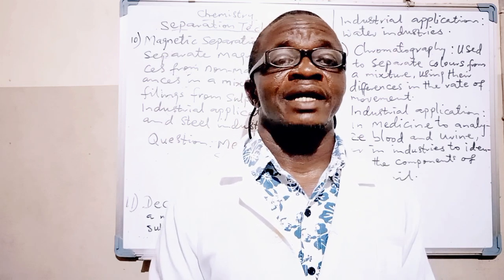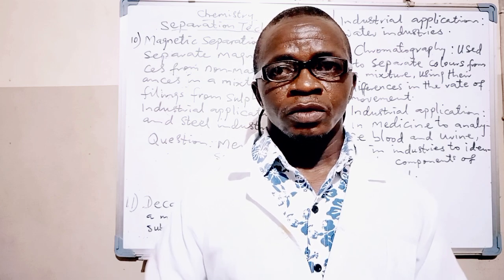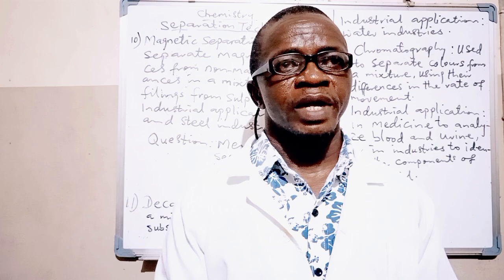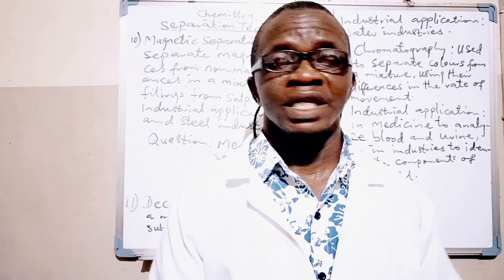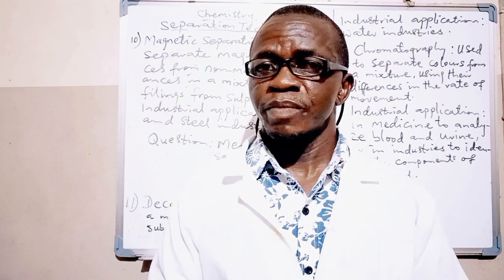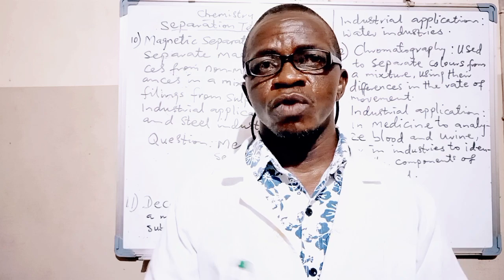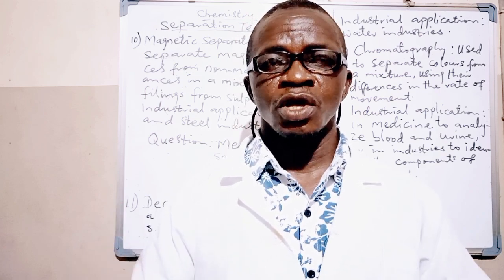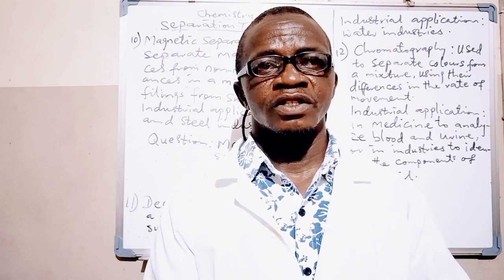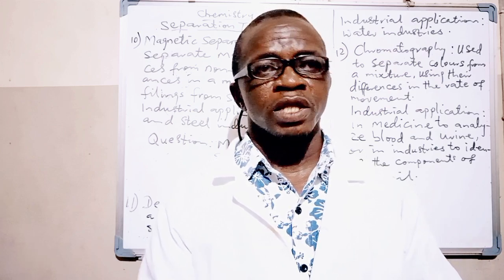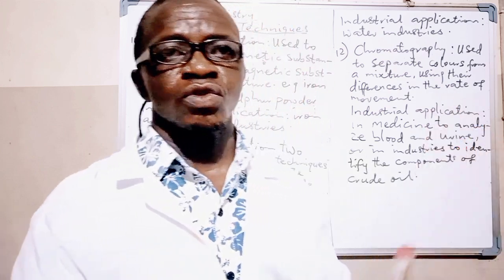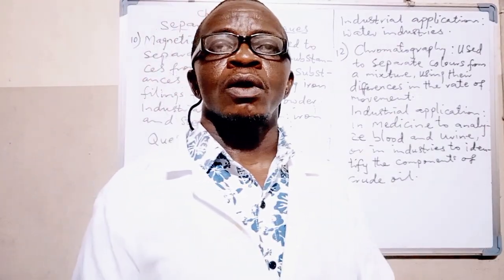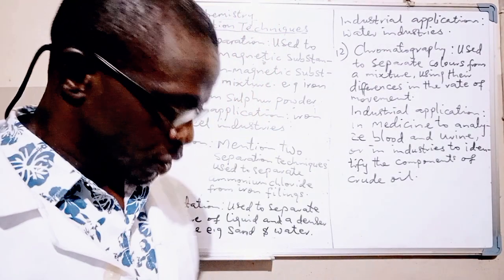This is a standard question. Remember I told you ammonium chloride can sublime, so sublimation is one. Now, if you don't want to separate ammonium chloride from that mixture using sublimation, you can separate the iron filings from that mixture using what? Magnetic separation. So the two answers are magnetic separation or sublimation.